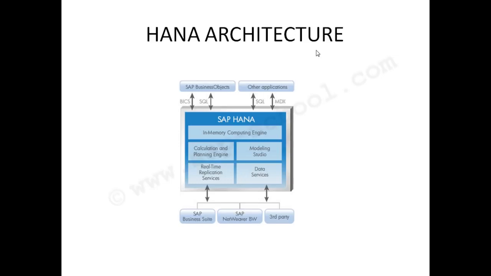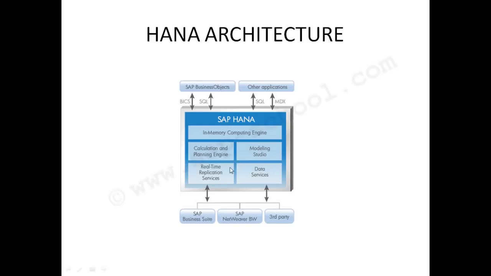layers. So as you see in SAP HANA, you have the in-memory computing engine, and you have the modeling studio, which we will be looking at briefly shortly. Then we have real-time replication services, which I have mentioned. We're going to look a little bit into the different methods of how we can get data from different databases into SAP.